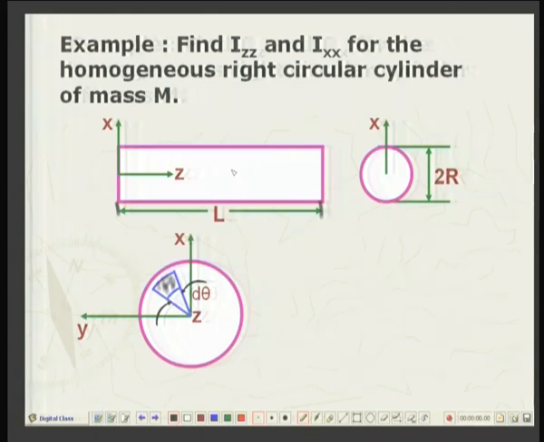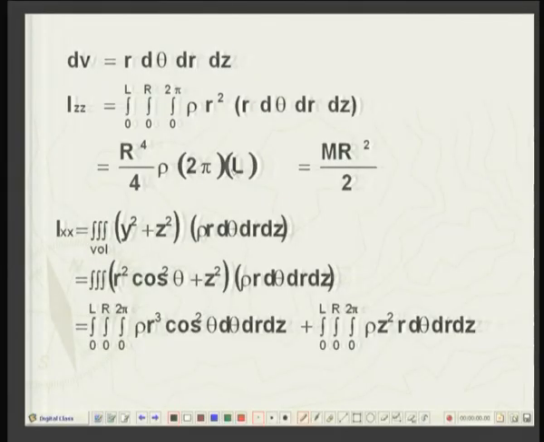So, let us consider this problem. The arc length of that sector-like body is r d theta. The radial distance, as already told, is dr, and the axial distance is dz. So, the volume of this element is r d theta dr dz. This is a typical infinitesimal element in cylindrical polar coordinates.